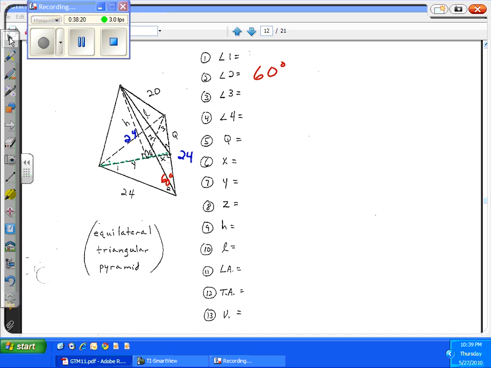This would be a bisector of a vertex angle as we draw that altitude. So it would bisect the 60, making angle 1 30 degrees. This is a radius. A radius also bisects an interior angle, and so angle 3 is also 30 degrees.